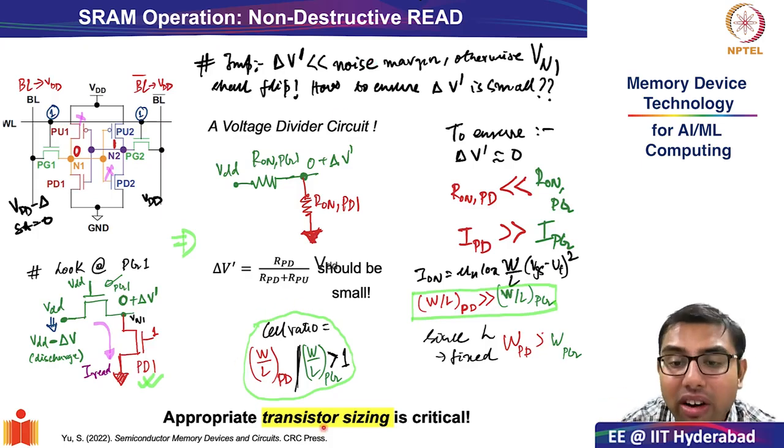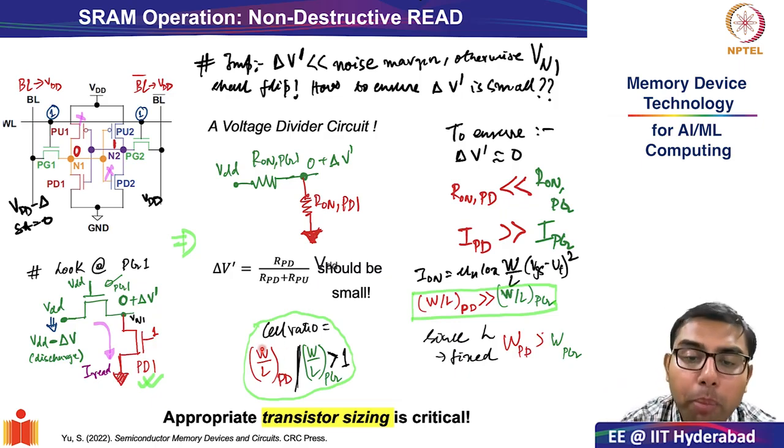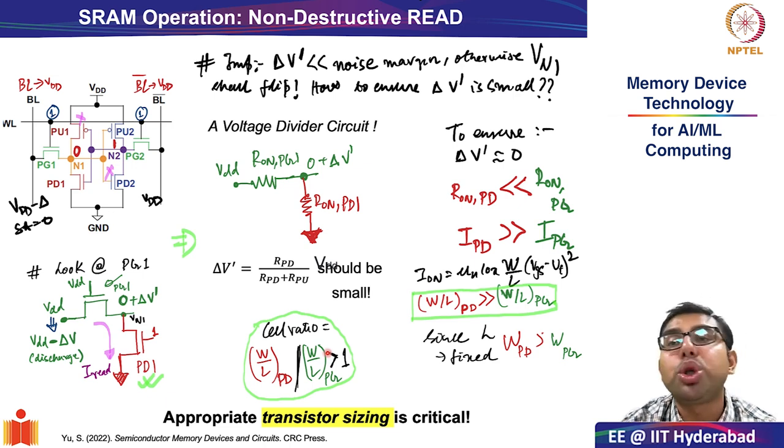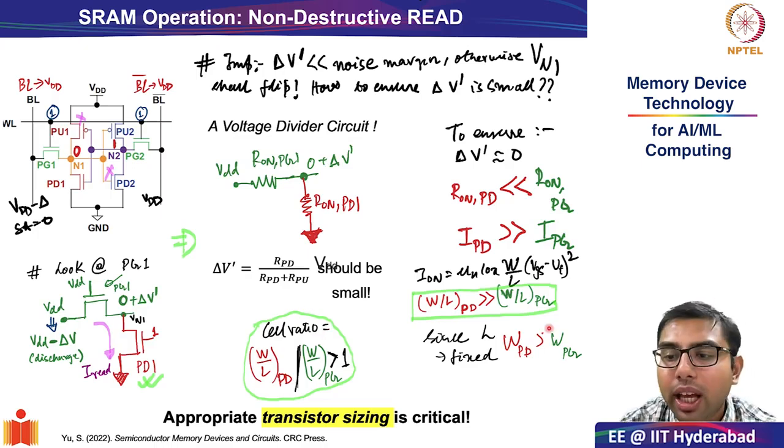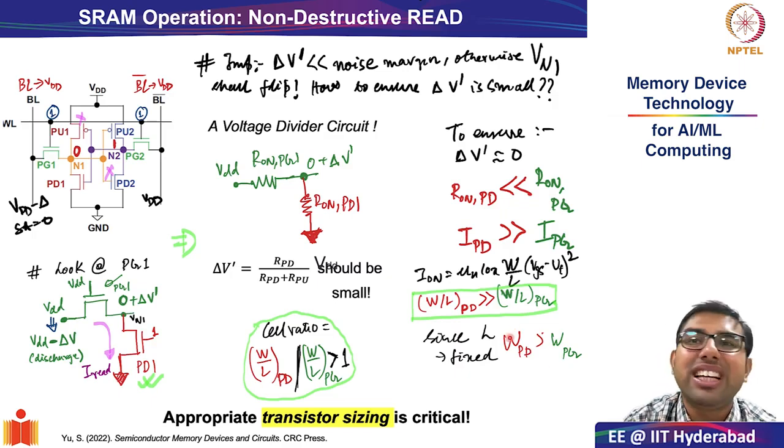Therefore, the cell ratio is by definition the ratio between the W by L ratio of the pull down transistor and the pass gate transistor, and this should always be greater than 1. For advanced technology nodes, the value for cell ratio is generally between 2 to 3. So the width of the pull down transistor is generally 2 to 3 times that of the pass gate transistor.